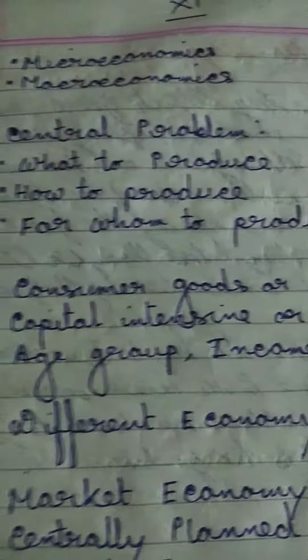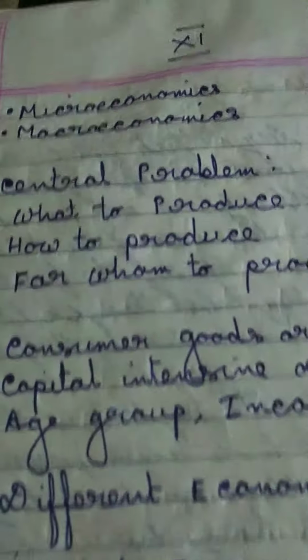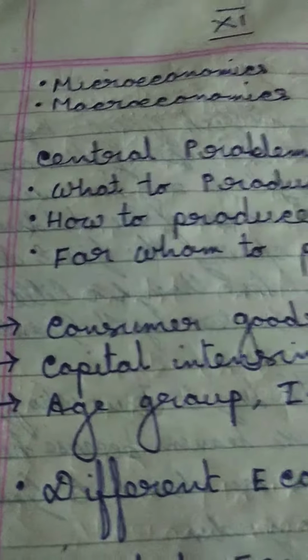All come under the macroeconomic part. So those are basically the two parts of economics, that is microeconomics and macroeconomics.